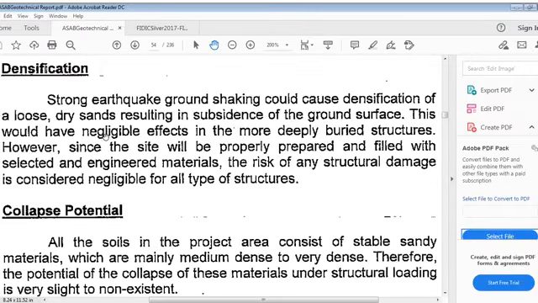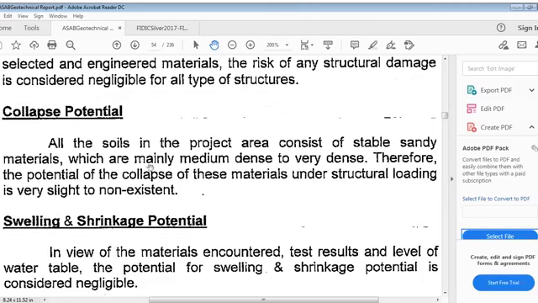This would have negligible effects on more deeply buried structures. However, since the site will be properly prepared and filled with selected and engineered materials, the risk of any structural damage is considered negligible for all types of structures.